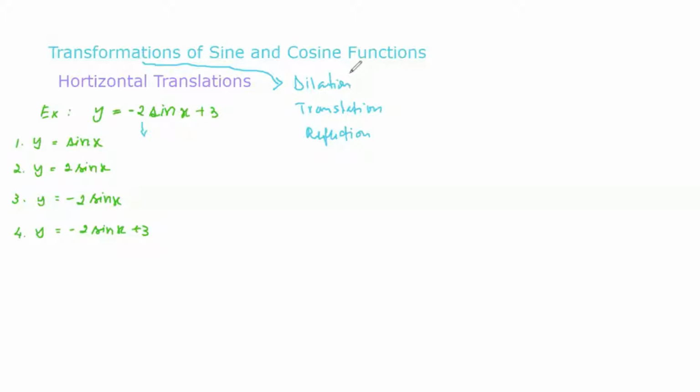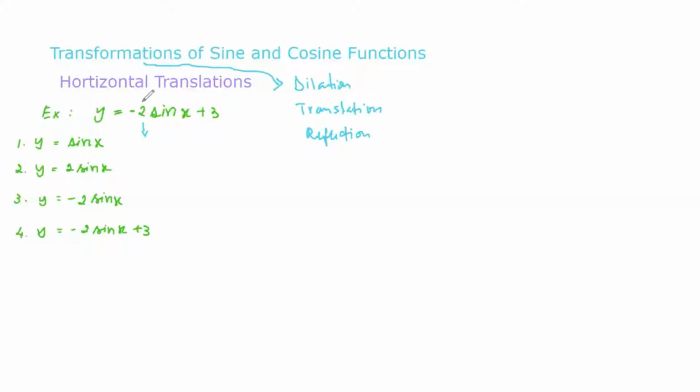Most of our past lesson was dilation, because the number 2 here is a vertical dilation. Dilation means the graph is going to be wider or narrower. Sometimes we call it vertical stretching or vertical shrinking.